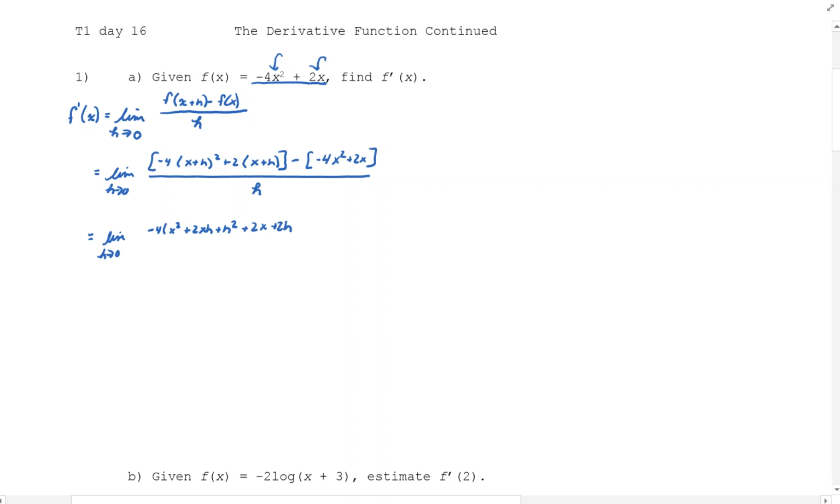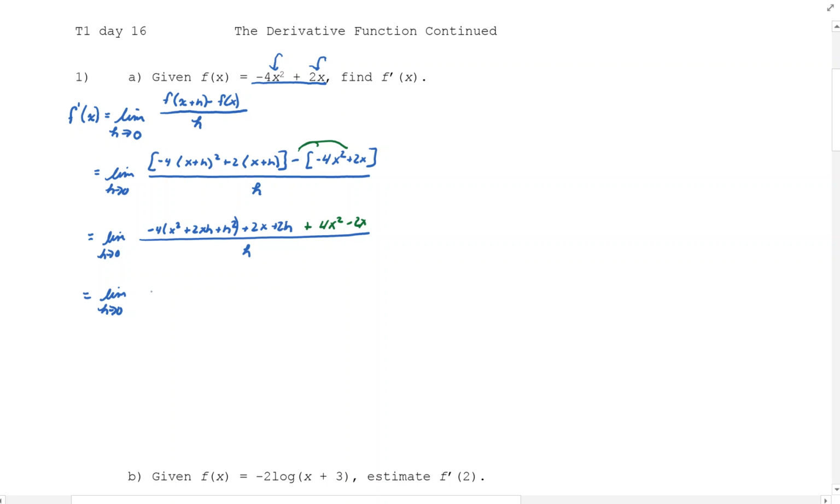And then over here, I'm going to switch colored pens. For the second bracket, I now have a plus 4x squared and minus 2x, all over h. So I've got to distribute, I didn't close this parentheses last time, sorry. I've got to distribute that negative 4.